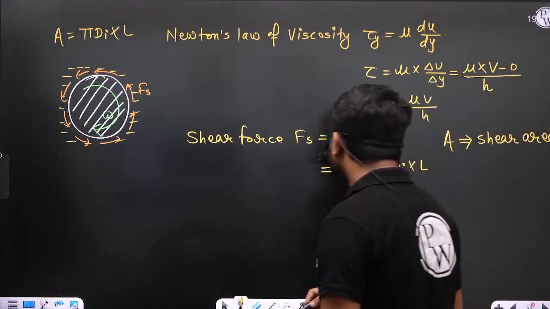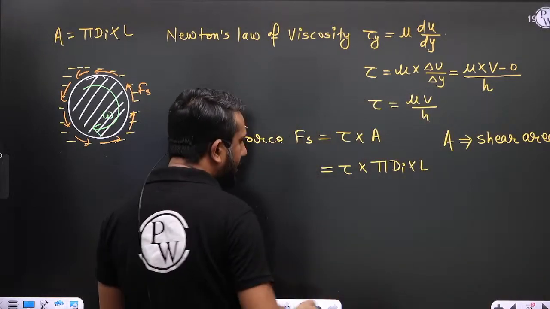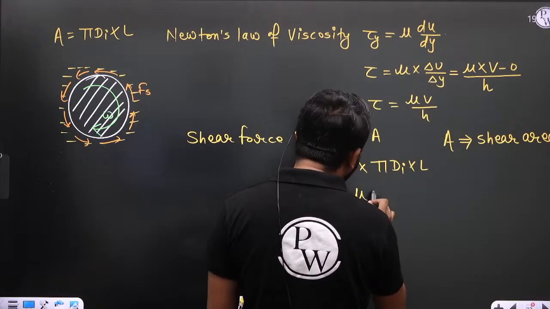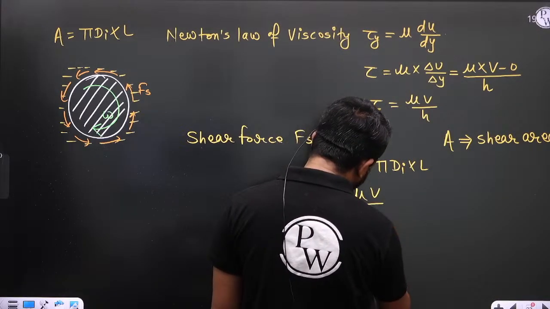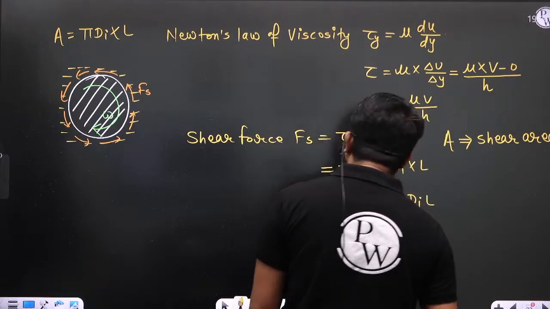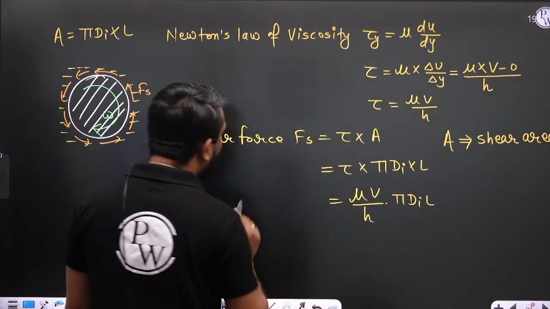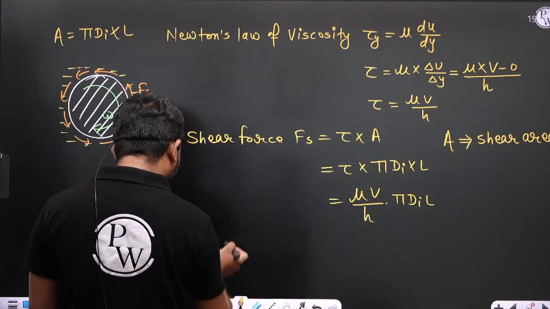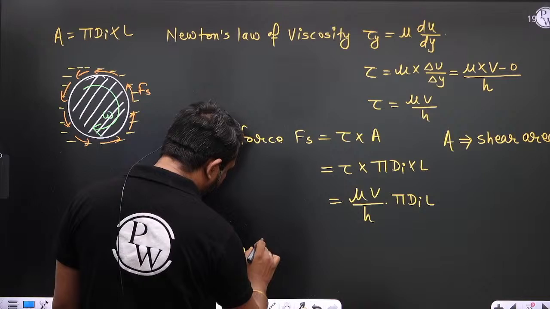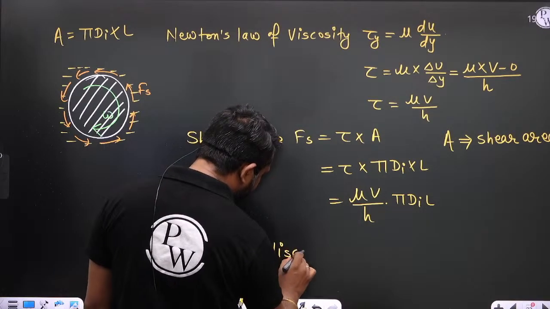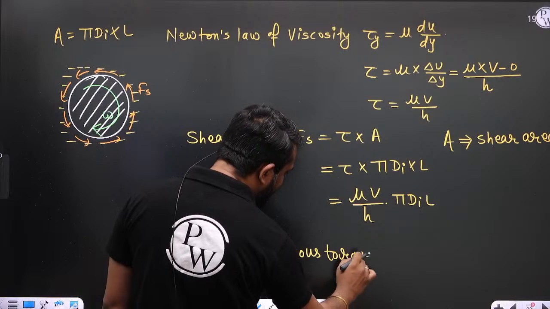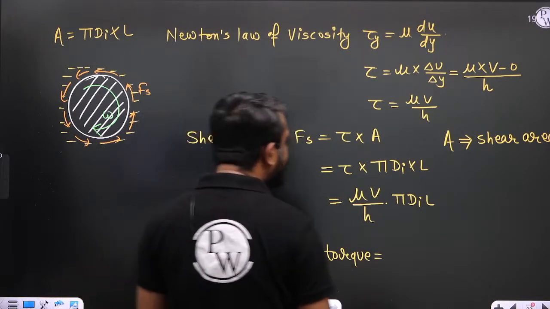So Fs is tau multiplied by pi Di into L. And what is tau? Tau is mu V by h. So Fs is mu V by h into pi Di L. Once you know the shear force, then you can calculate the torque, the viscous torque, which is required to rotate the shaft.